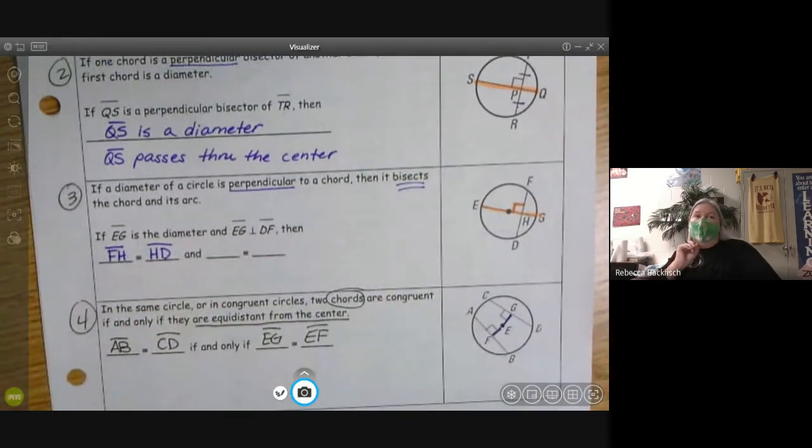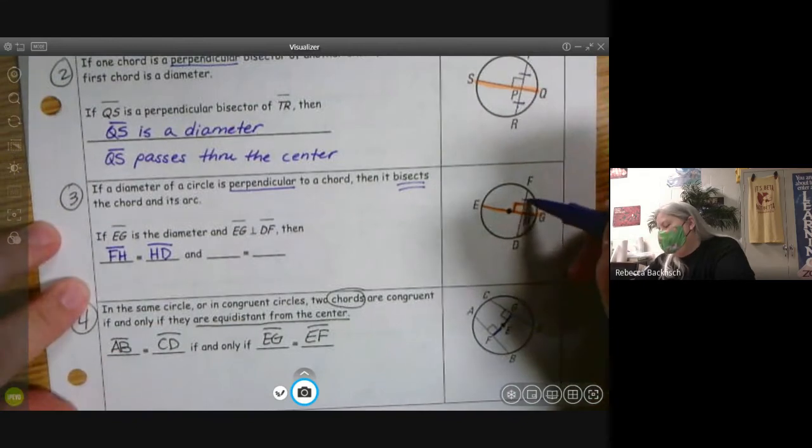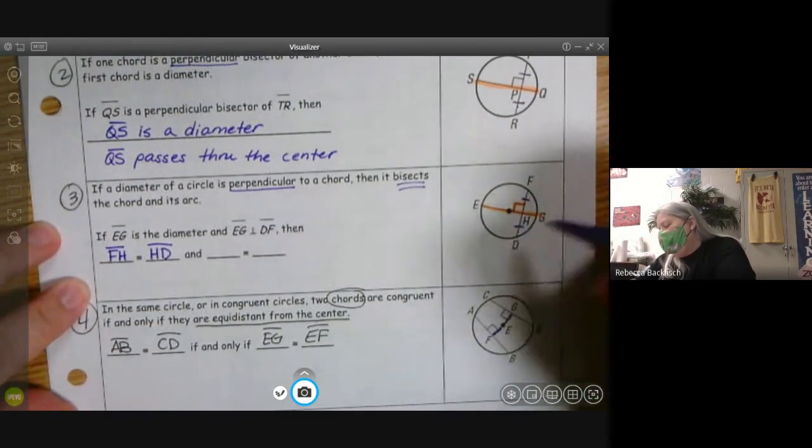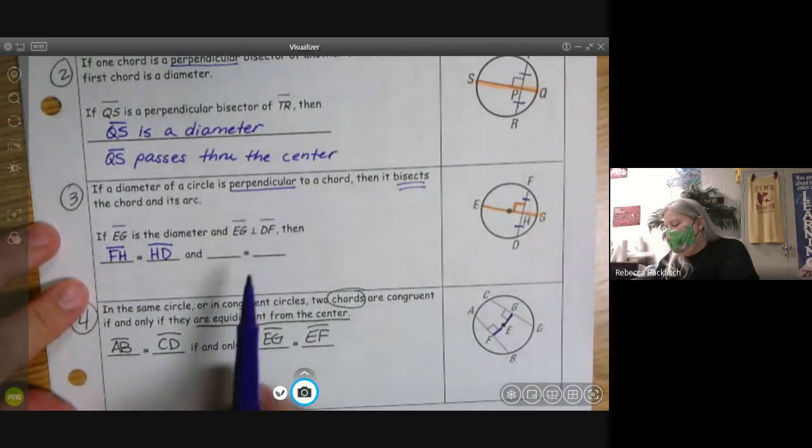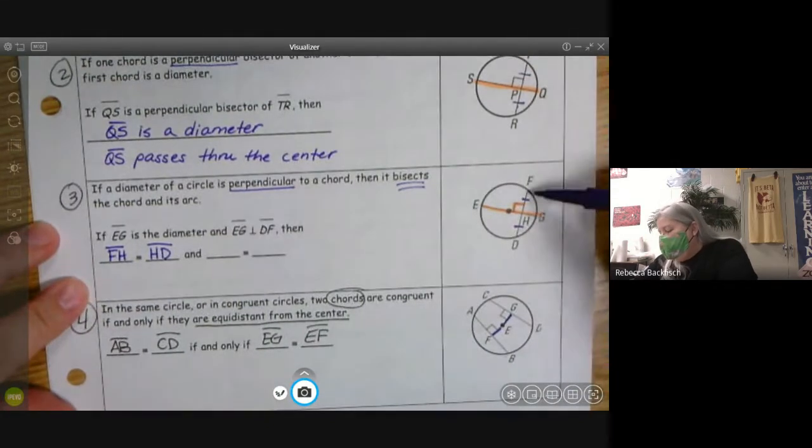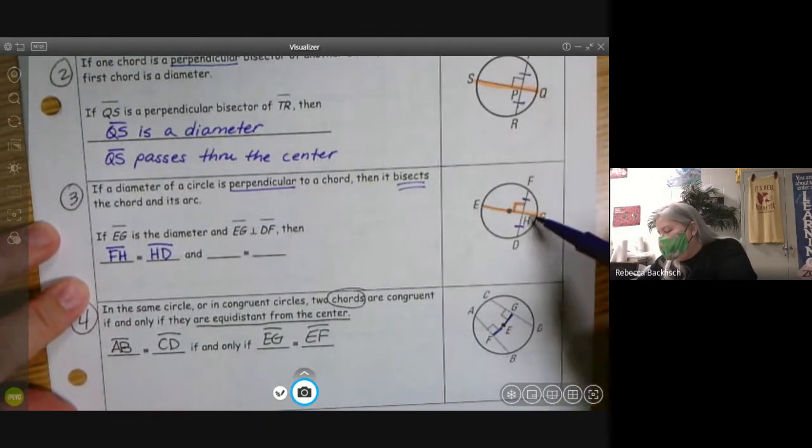Now, this isn't really an example of the theorem as much as it is a result that comes from that. If FH and HD are congruent, which is what this is saying, then these two arcs would also be congruent.